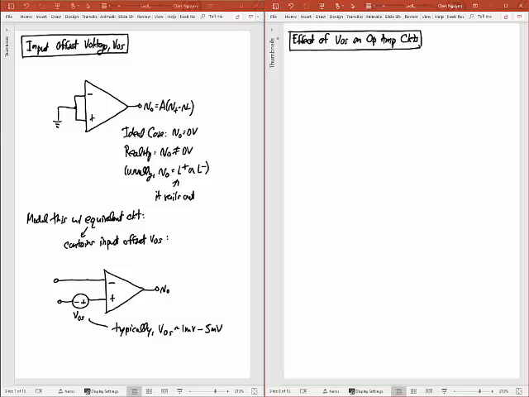And let me take a first example as something you're already very familiar with, but just a non-inverting amplifier.